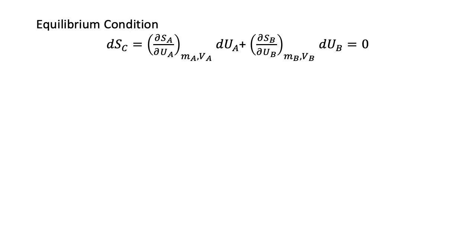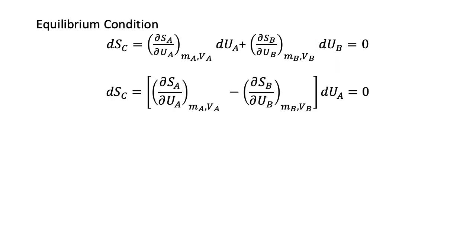Let us go back to our equilibrium condition for dSC. We have just shown that dUB is equal to minus dUA. Substituting this, dSC is equal to the partial of SA with respect to UA minus the partial of SB with respect to UB, the whole thing multiplied by dUA, and this must equal 0 at equilibrium.